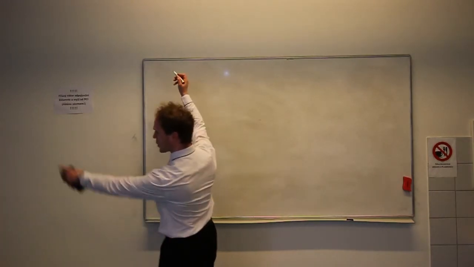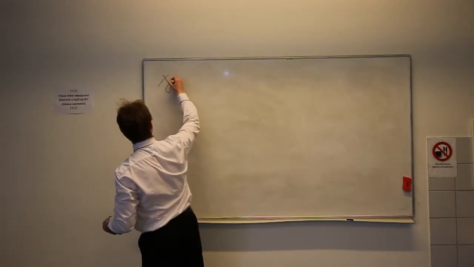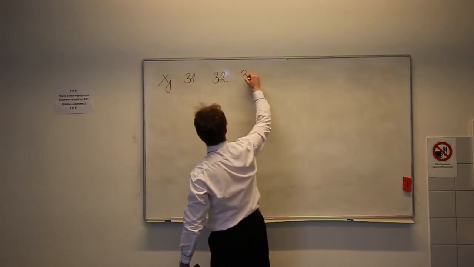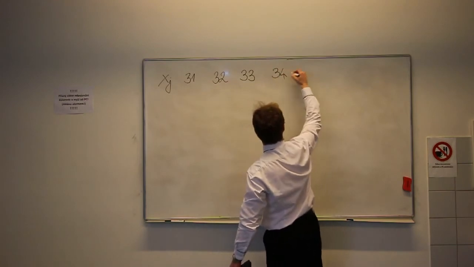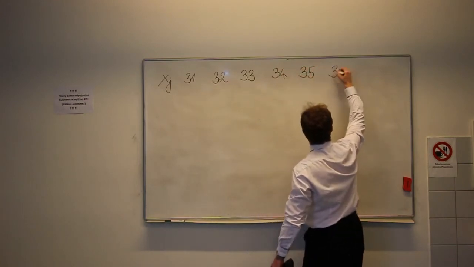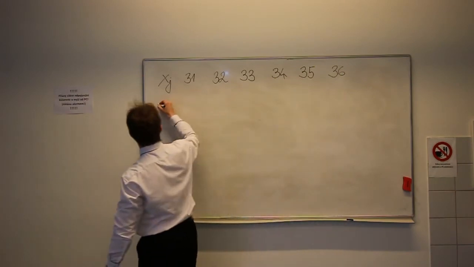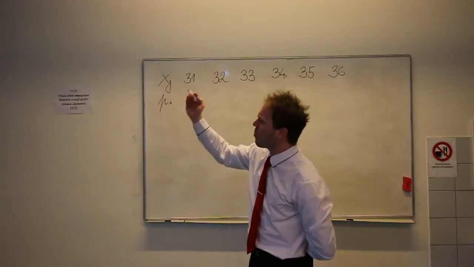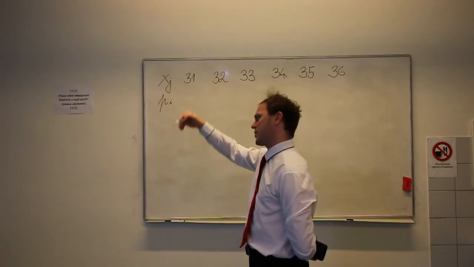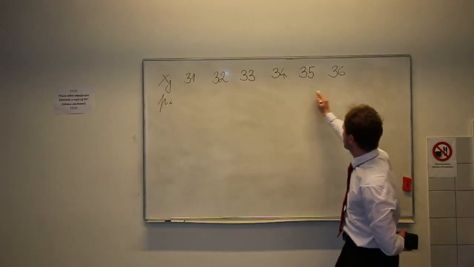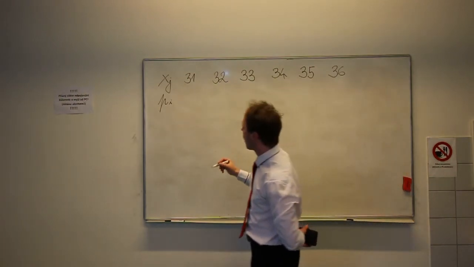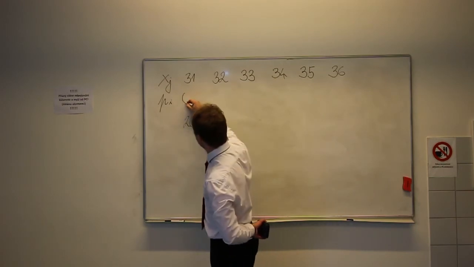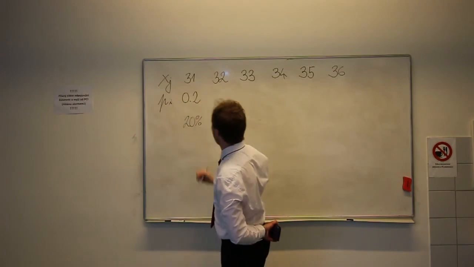On the screen I have a variable xj: 31, 32, 33, 34, 35 and 36 years, and I will directly rewrite the cumulative relative frequencies in percentage as relative frequencies pj. There was 20%, so there must be the relative number 0.2.